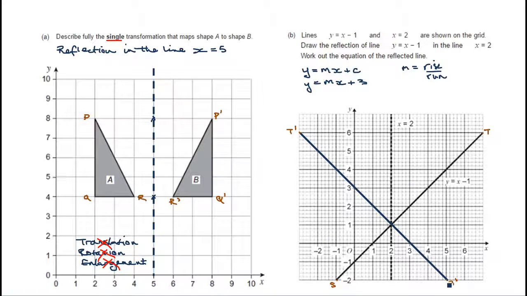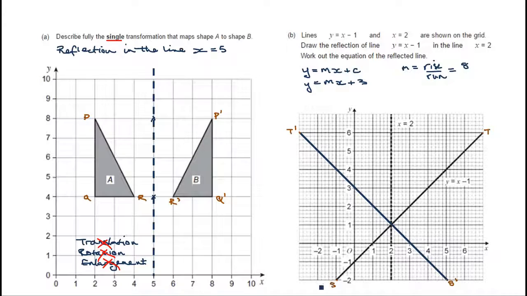So from S to T, the rise is going to be 2 to get up to the 0 and 6 to get up to here, so it's going to be 8. And the run, well, we need to be careful here. That's going to be not going in a positive direction, but going in a negative direction. So from S to T, we have to go negatively.